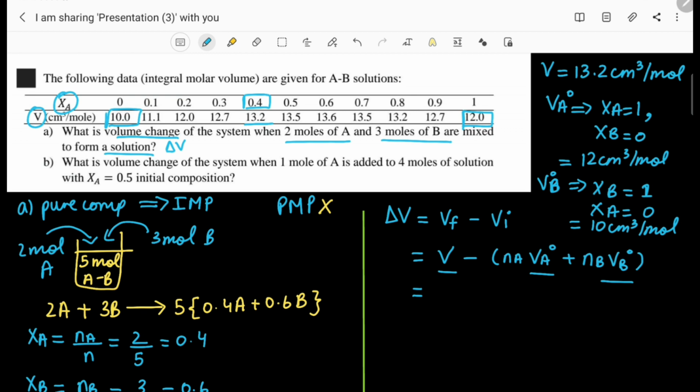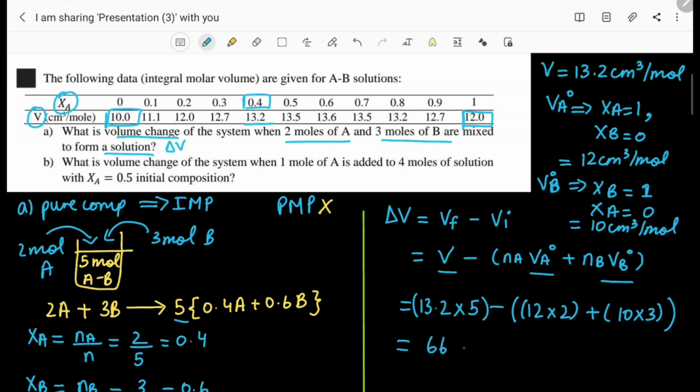Alright, so now we plug these values into the equation: 13.2. Now, as it's in cm cubed per mole, we multiply it by the number of moles of the final solution, which is 5, minus 12 multiplied by 2, plus 10 multiplied by 3.